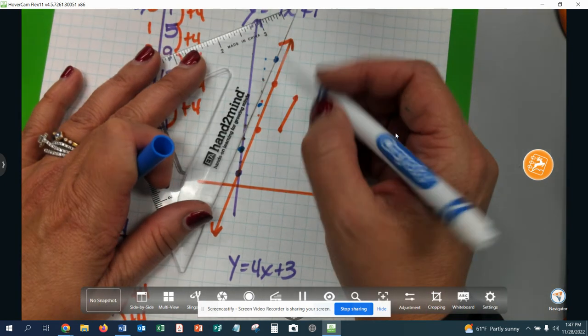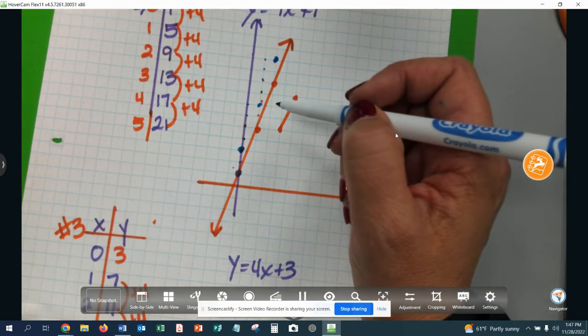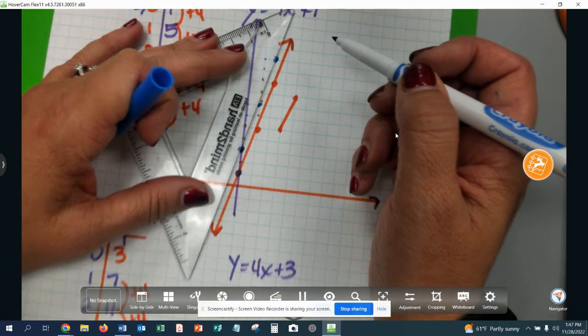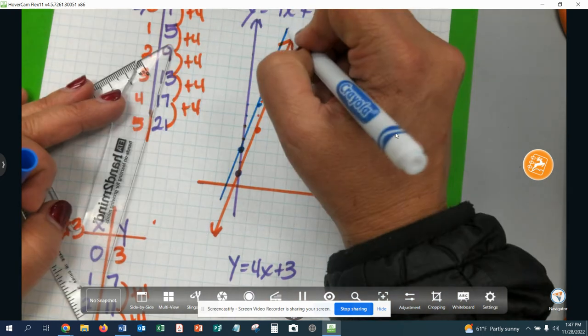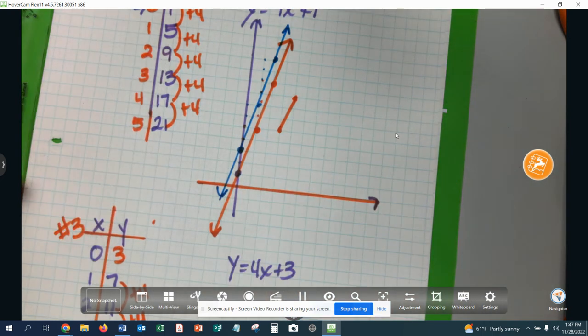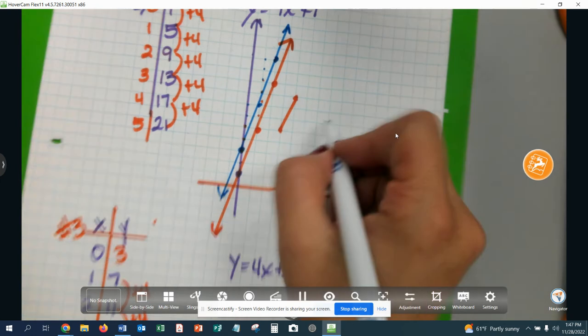All right, so if you look, they are never going to meet. Hold on, I've got my ruler wrong. Right? They're all going to be the same. Parallel. When you have the same slope, let me write this down.